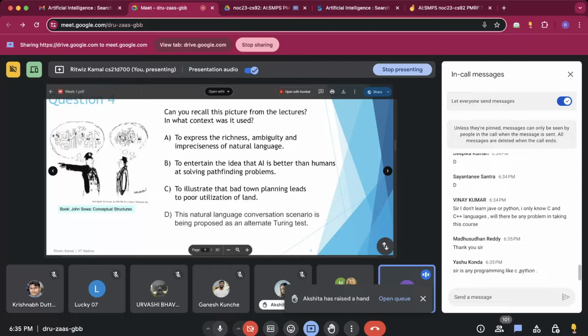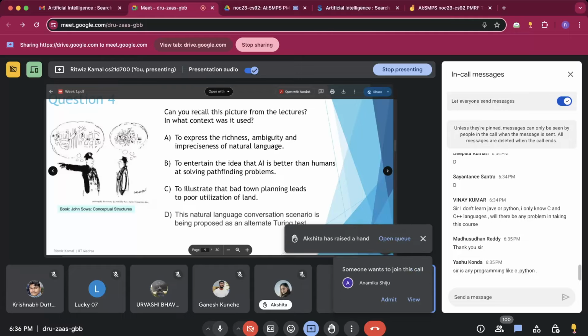Couple of more questions. No, for this particular course, I don't think you need to be very well versed in any specific programming language. There is a complementary course to the current course, called Knowledge Representation and Reasoning, which is also conducted by Professor Deepak Khemani, who is conducting this course as well. That requires knowing a language called Prolog to some extent, but you don't need to worry about that as of now.